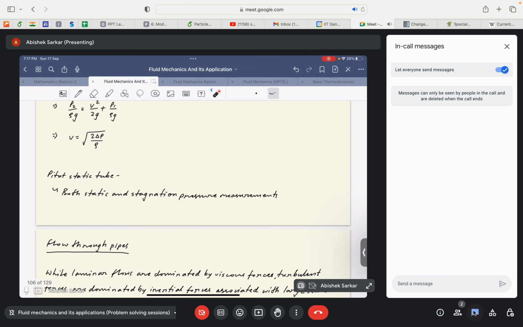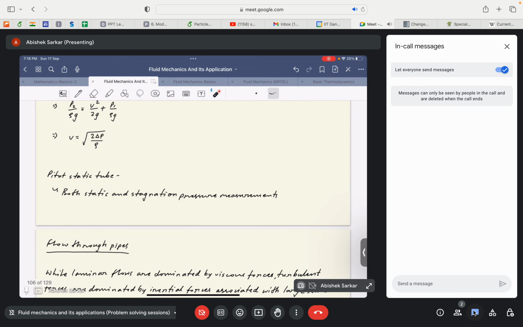Okay, that is the design that has been made. There are some static pressure holes in the pitot static tube on the outer periphery of the tube. So if those pressure points are connected to a piezometer, those points will give the static pressure in the flow field.